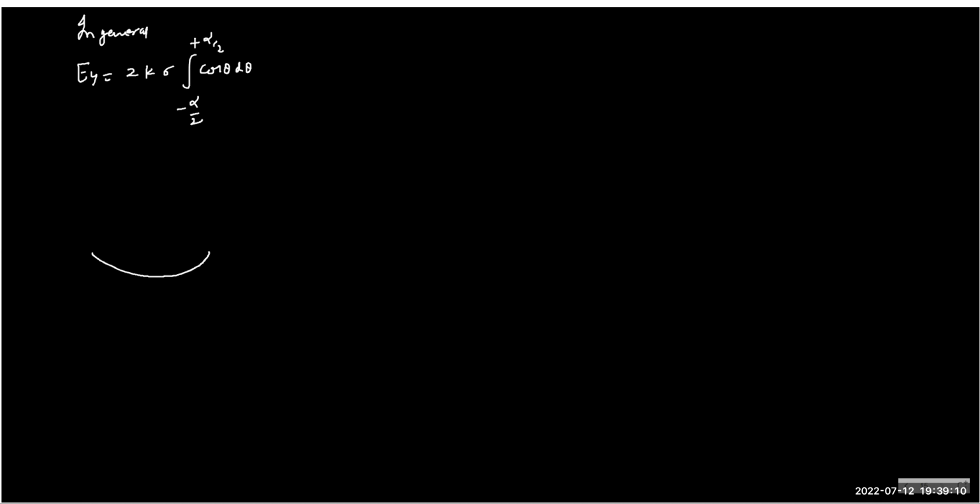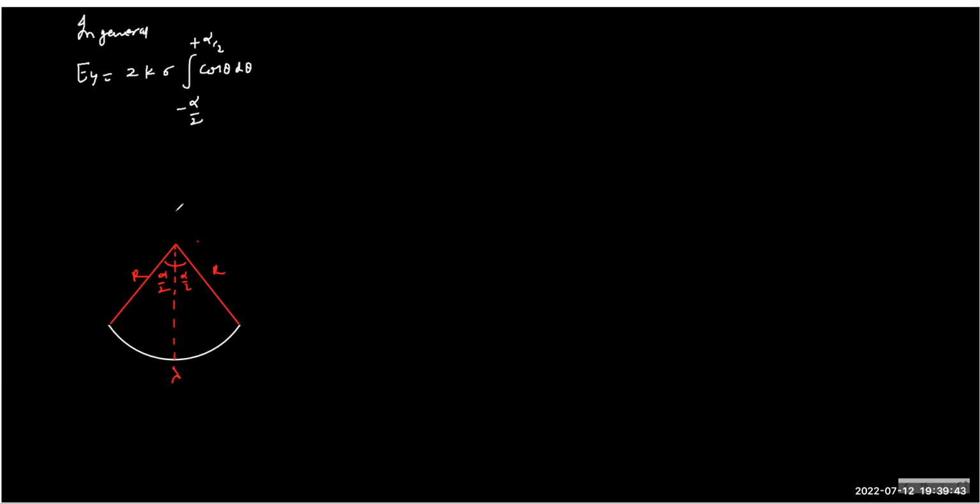It's just a piece of circular arc. So instead of taking the half, what if I take a small portion, something like this. And this entire angle is alpha. It is alpha by 2 on both sides, right?